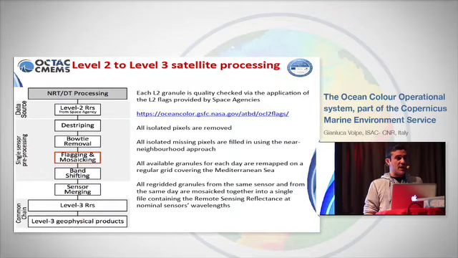Afterwards, we remove all the isolated pixels, and in the same way we fill all the isolated pixels surrounded by good observations using the near neighborhood approach. Then all the available granules for each day are remapped over a regular grid and combined together into single files containing the remote sensing reflectance at nominal sensor wavelengths.